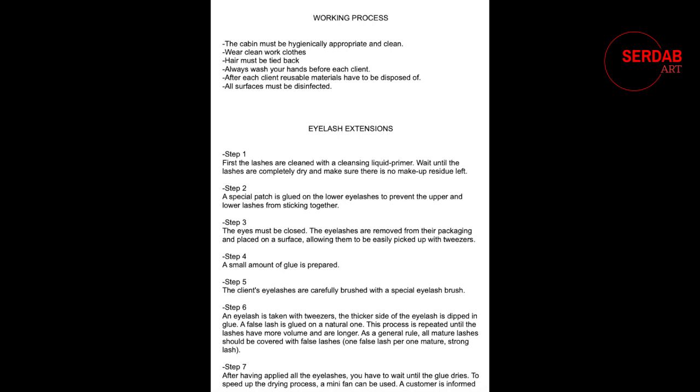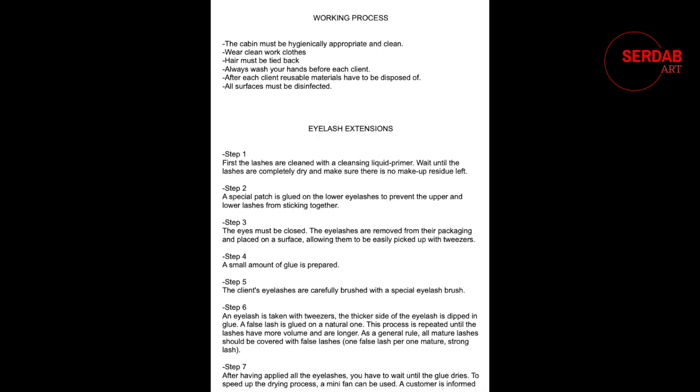Step 5, you prepare the client's eyelashes by brushing them a little bit so that you can see well, so they are not tangled. If it's before the retouch, you can see also which grew too long, so you might remove them. Then step 6, we start the process.